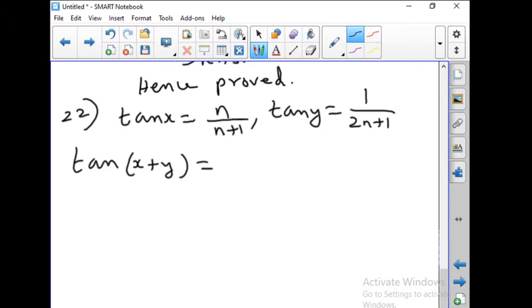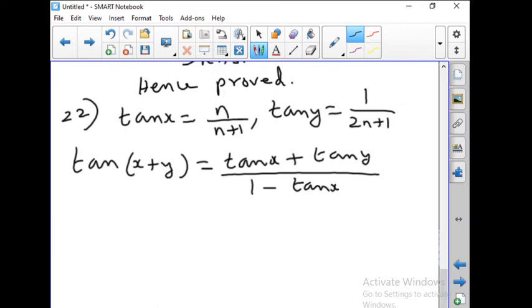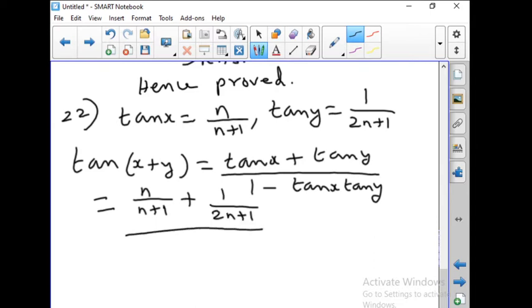Okay, so we know that tan(x + y) is (tan x + tan y) by (1 - tan x into tan y). So substitute: n by n + 1 plus 1 by 2n + 1, divided by 1 minus n by n + 1 into 1 by 2n + 1.